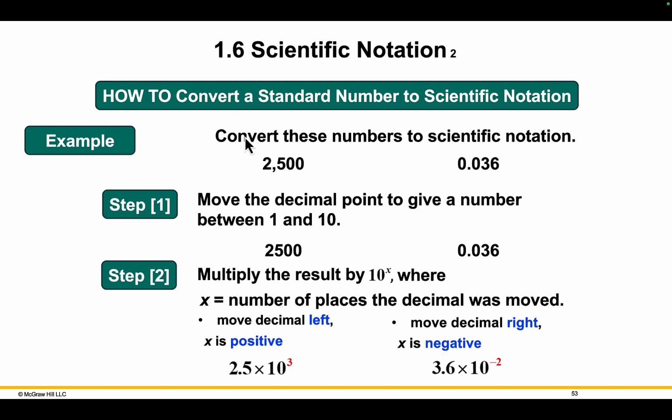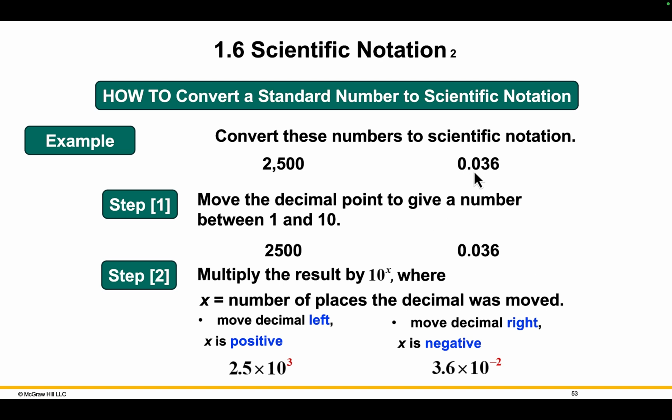So 2,500 comparatively is a big number. If it's a big number, I know my exponent is going to be positive. Whereas in this 0.036, we can see that this is a small number and we end up with a negative exponent. So that's how I like to keep it straight in my head.